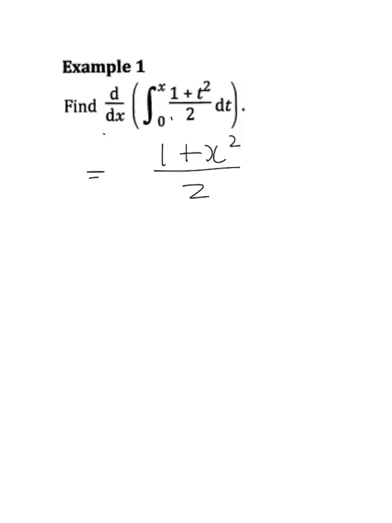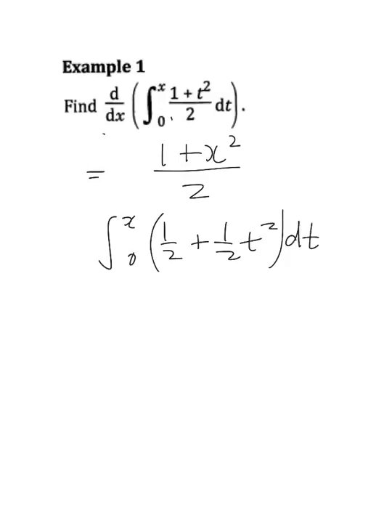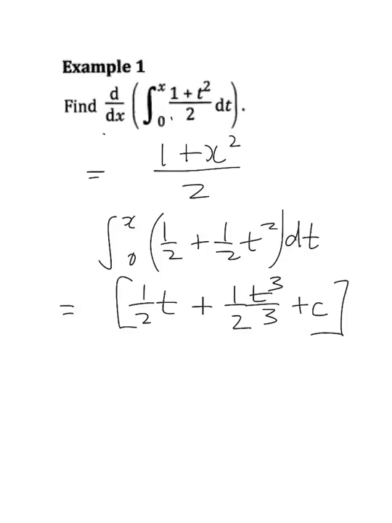Done. If you wanted to do the full method, you could integrate that thing. You've got the integral from 0 to x of a half plus a half t squared dt. I'll just do this once. Remember we're integrating with respect to the variable t here, so we get half t plus a half t cubed over 3 plus c, between 0 and x.